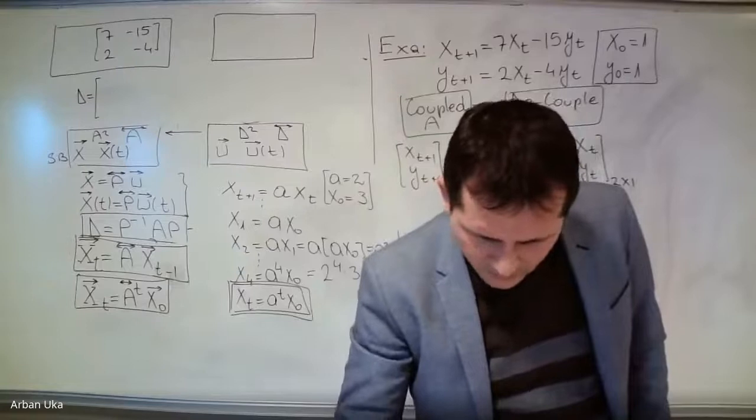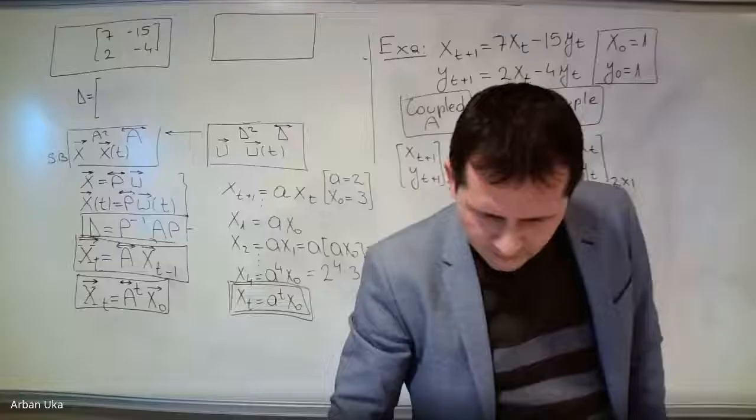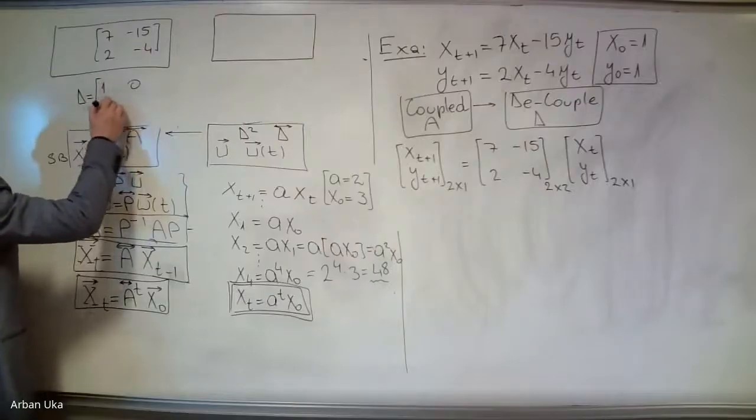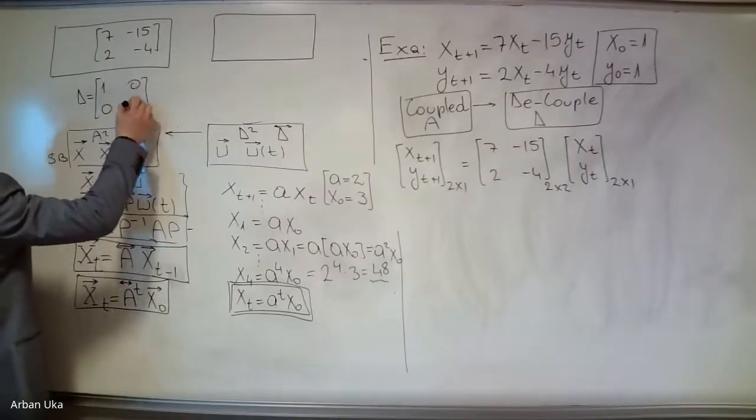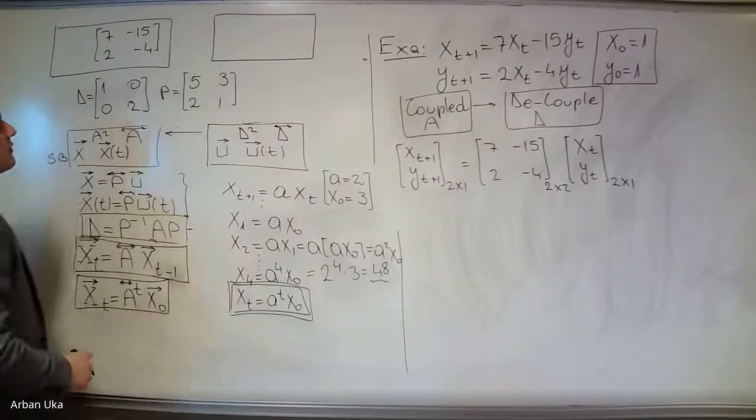And the matrix D is composed of, let me see here. I remember we solved this problem before. Yes, the eigenvalues are 2 and 1, 1 and 2. Okay, do you remember the eigenvectors? Yes, one is 5, 2, and the other one is 3, 1. Okay, thank you for giving these numbers.